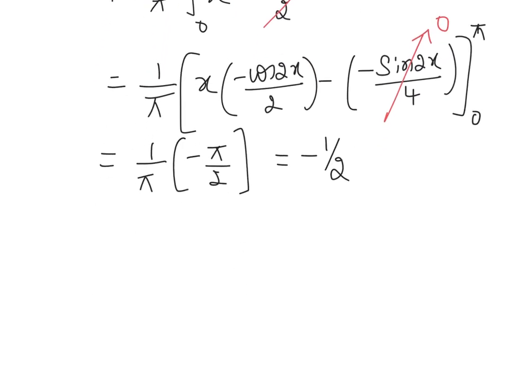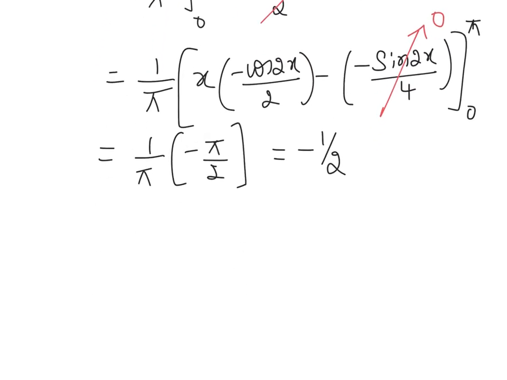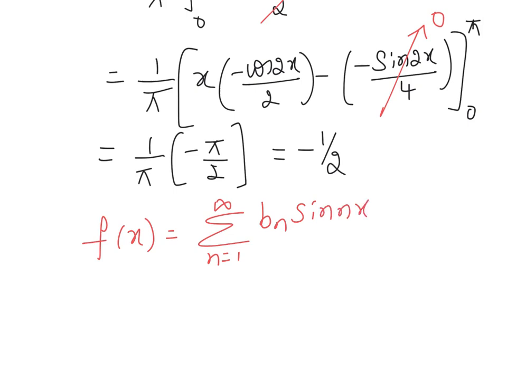Then how do we write the series? We know that the series can be written as f of x equal to summation n equal to 1 to infinity Bn sin nx, where Bn, what we have found, is not valid for n equal to 1. So you have to separate n equal to 1 from this series. It can be written as B1 sin x, next summation n equal to 2 to infinity Bn sin nx.